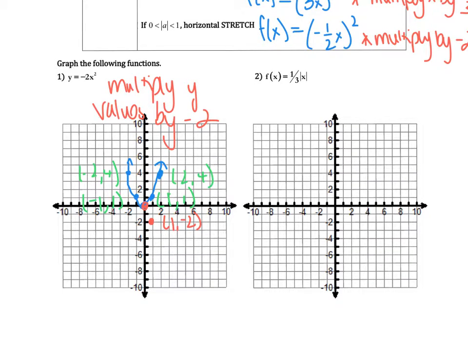And then on the opposite side, I'm going to multiply the y value by -2. So I get -1, -2. Okay. Continuing along that pattern, if I go to this ordered pair, 2, 4, I'm going to multiply this y value by -2. So I get 2, -8. And then on the other side, I'll get -2, -8.